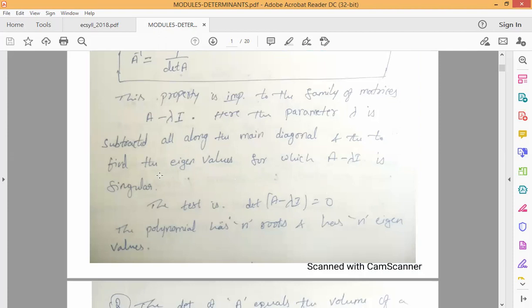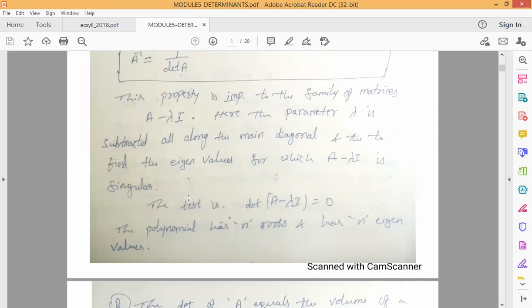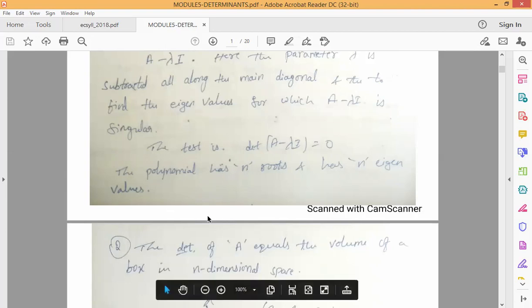Whenever you calculate the eigenvalues, remember that the determinant of A minus lambda I must be equal to 0, and 0 means it is singular. Then you can calculate the eigenvalue. This equation will have n roots as well as n eigenvalues. We'll see how to calculate all those in the upcoming classes.